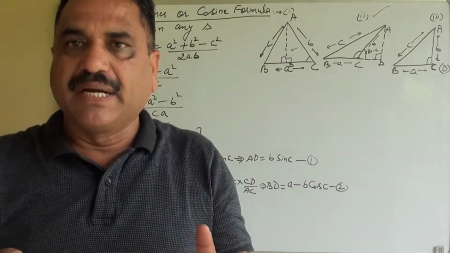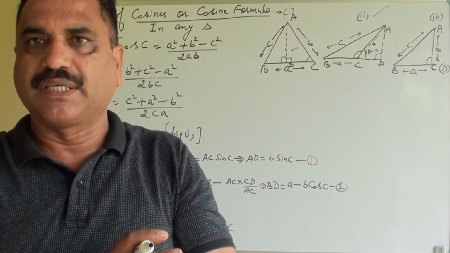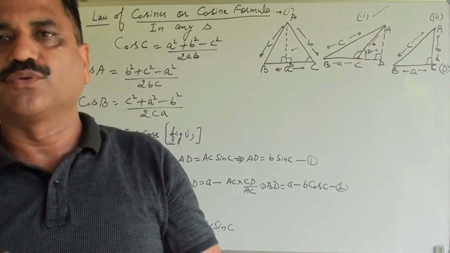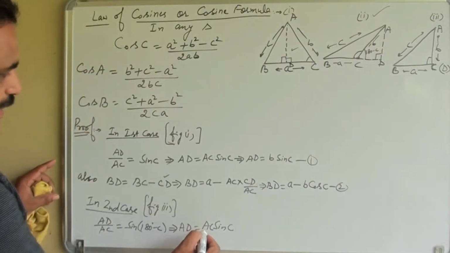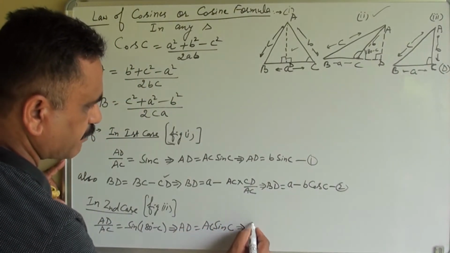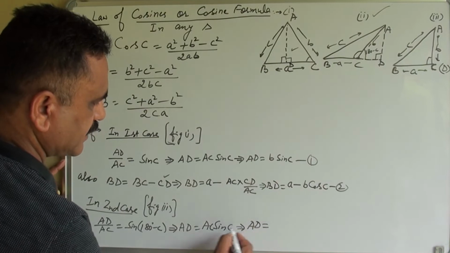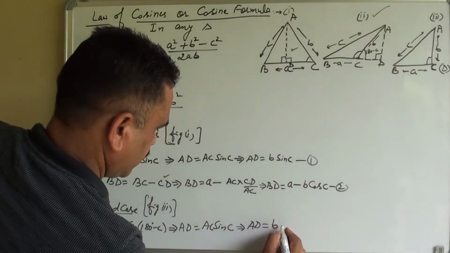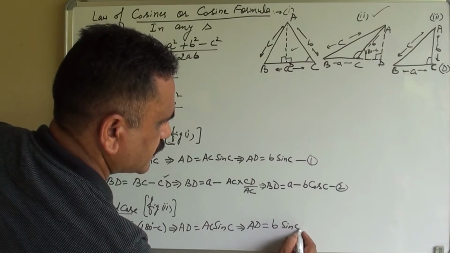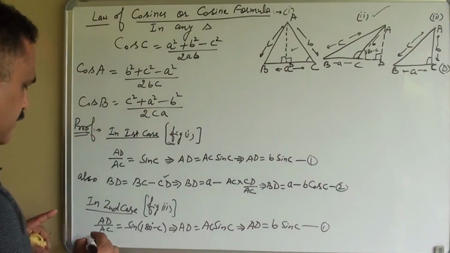Because 180 minus और 360 minus और प्लस जब भी होता है तो ट्रिग्नोमेट्रिक रेशियो वही रहती है, बदलती नहीं कॉम्प्लीमेंट्री में. तो ये AC sin C, this implies AD is equal to, what is the value of AC again? B sin C called as 1.